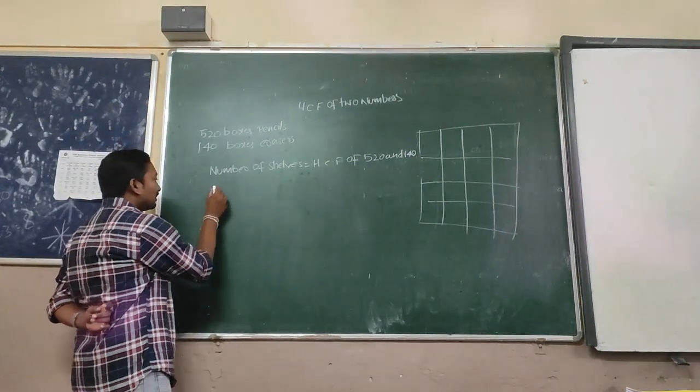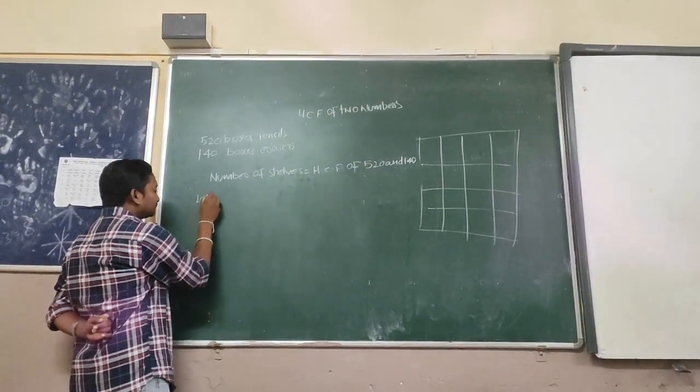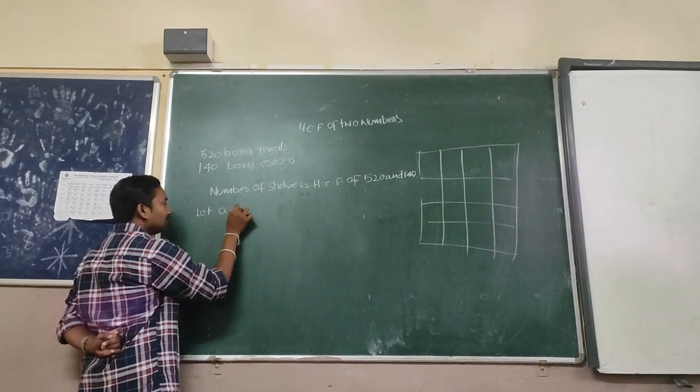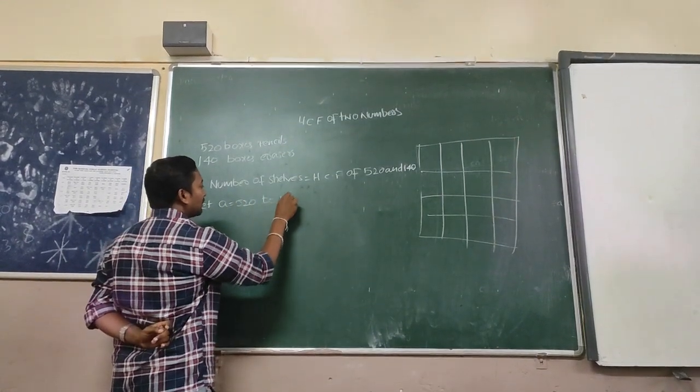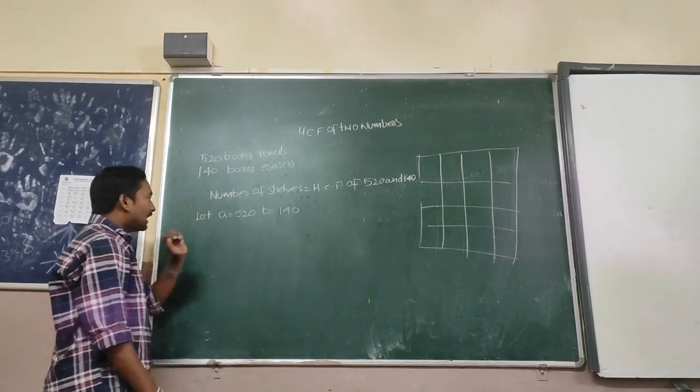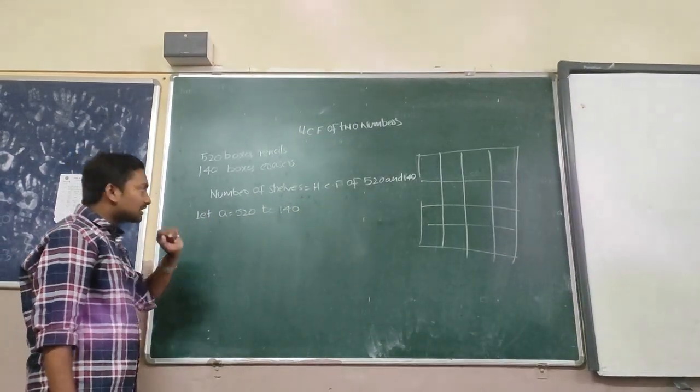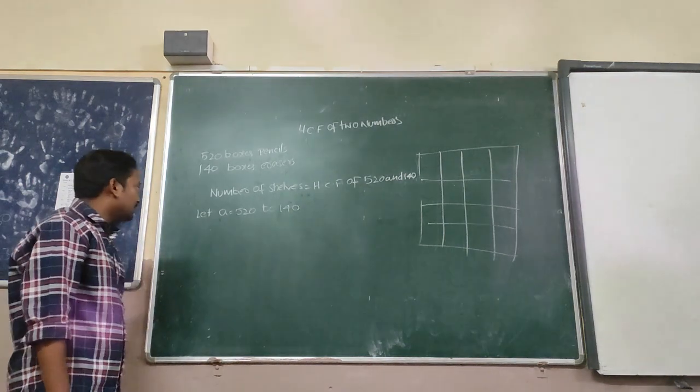So let's divide. Let A equal 520 and B equal 140. Here I am taking A as the larger number and B as the smaller number.